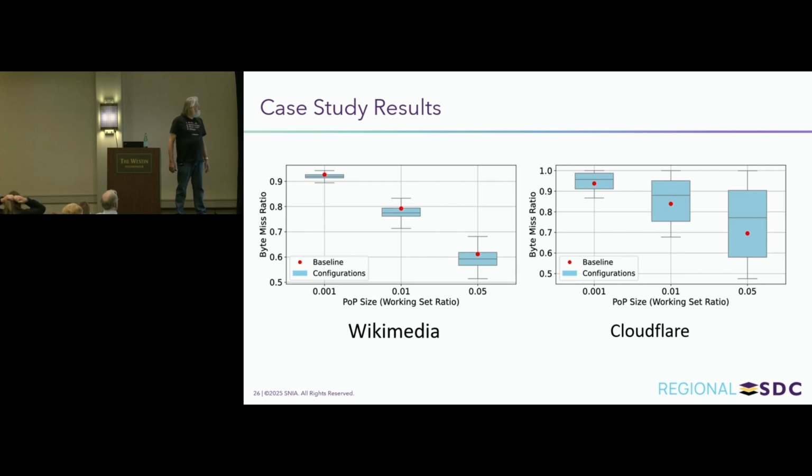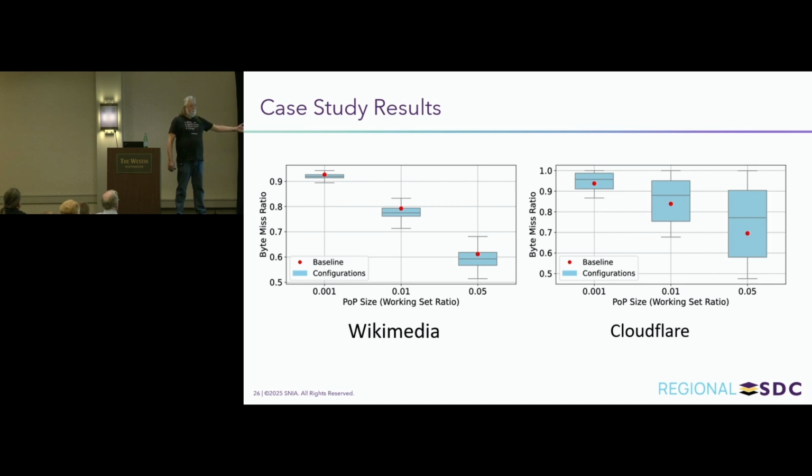In this case, you can see that the red dot is the baseline. So the red dot is the performance that you would have gotten if you were using the Wikimedia or Cloudflare traces and you were using their configuration, the way that they had set up their caches.